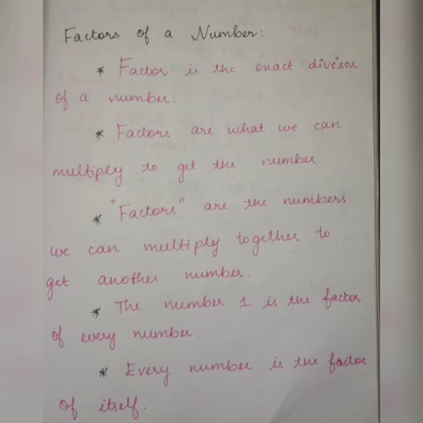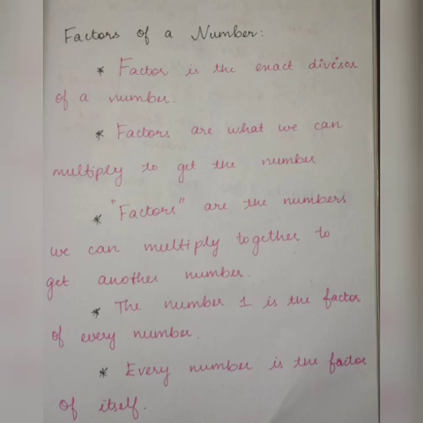First, a factor is an exact divisor of a number. Divisor means that if we divide the number by the factor, we get a quotient and the remainder will be 0.